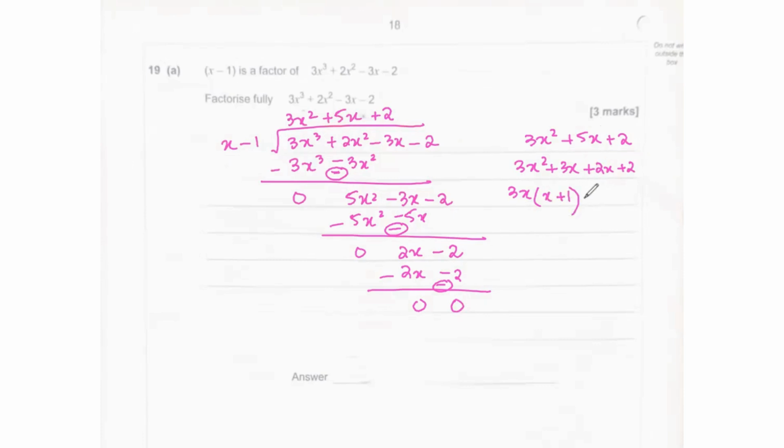Between 2x and 2, we have 2 common, x plus 1. Take x plus 1 common, so we're left with 3x plus 2. So your factors are x minus 1 times x plus 1 times 3x plus 2. This is your fully factorized expression.